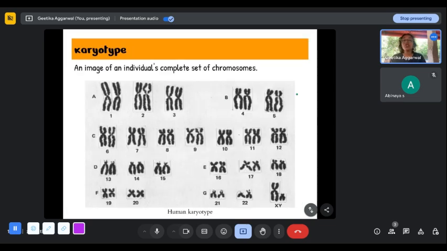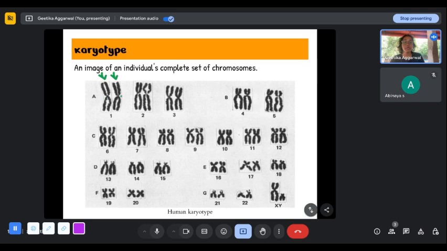Okay. So let's talk about karyotype for a bit. Karyotype is just an image of an individual's complete set of chromosomes. So here is an image of a human karyotype. As I said, we have 23 pairs of chromosomes, arranged based on their size and their homology. Basically, this first chromosome here would be one that comes from the mother and one that comes from the father.